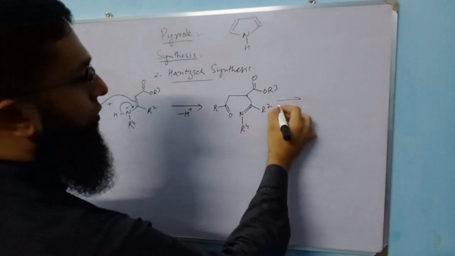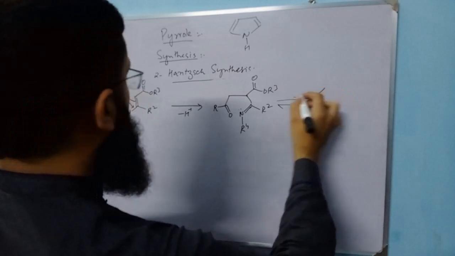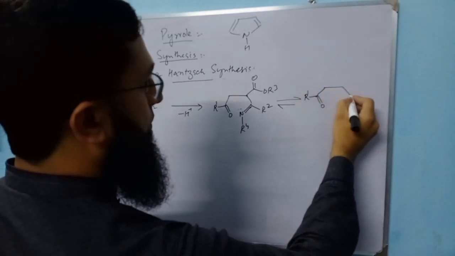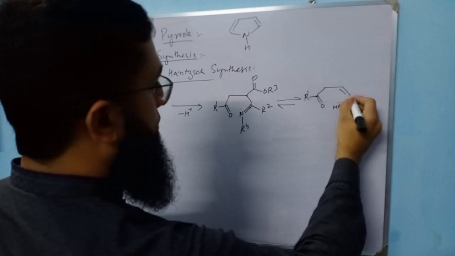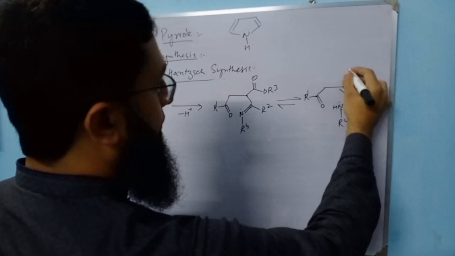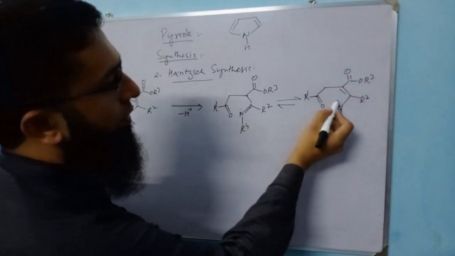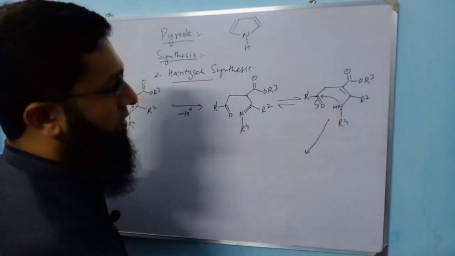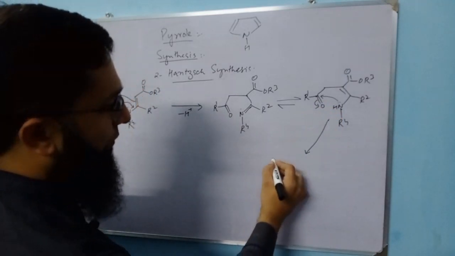Now it can again tautomerize. This would be R1. Okay, now this amine would attack on this carbonyl, and intramolecular reaction is faster than intermolecular reaction. As a result of this, cyclization would take place.